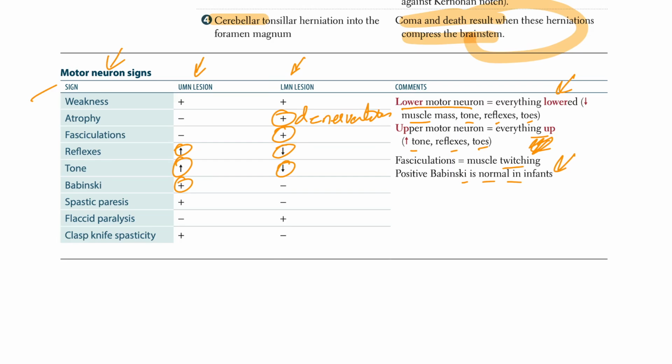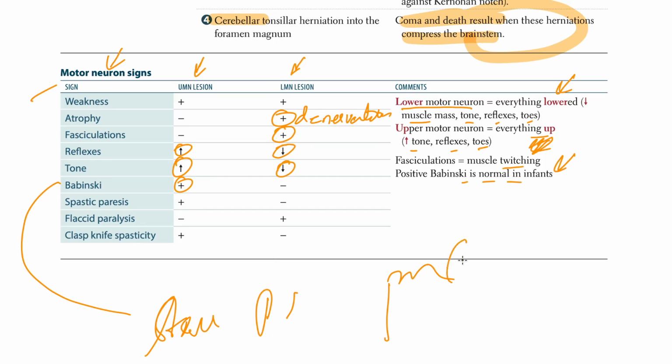And what is Babinski? So let's just talk about Babinski here. You can test it by stroking the plantar surface of the lateral foot. So let's say this is the foot.